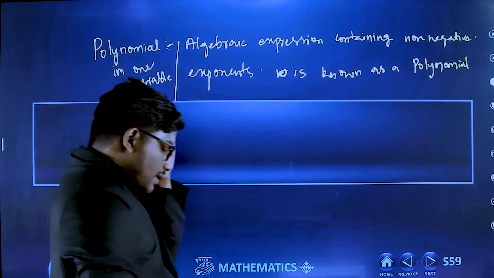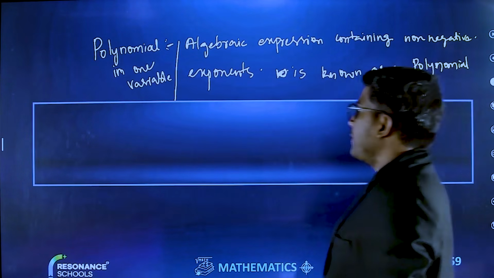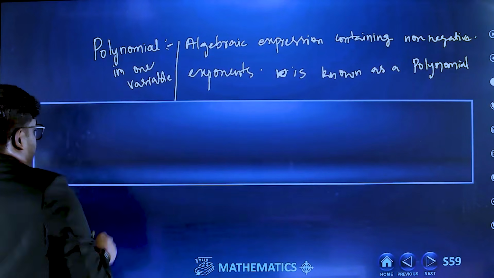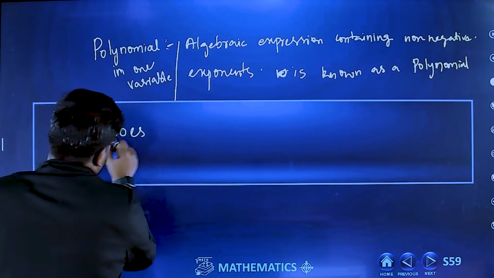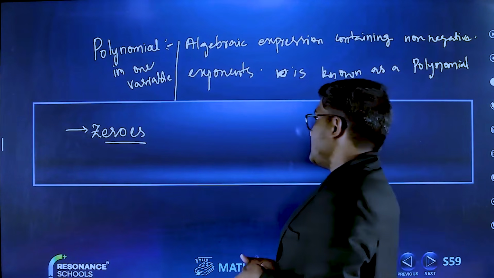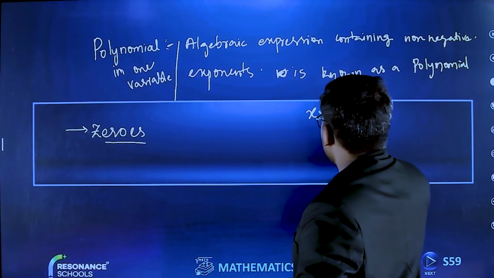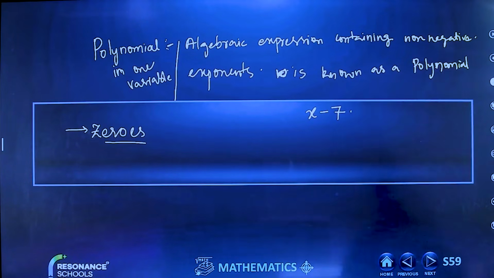Alright, now the zeros of the polynomial. Before we understand zeros of the polynomial, let's take an expression called x minus 7. I can read the sentence again.